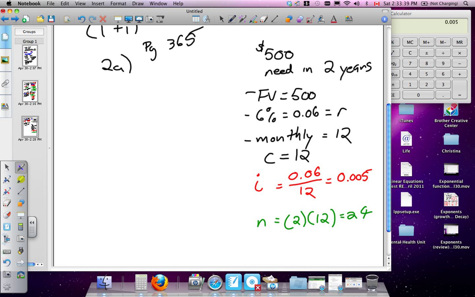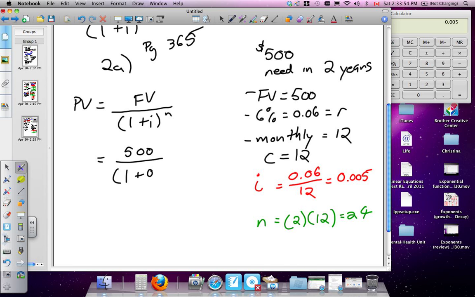We know that present value is equal to the future value divided by 1 plus I to the N. Our future value is $500. Our I is 0.005. And the exponent is 24. So we have 500 over 1.005 to the power of 24.